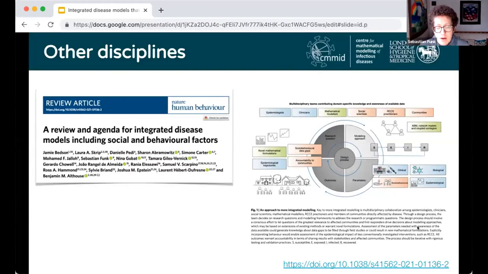I thought it was a very nice, broad perspective on this idea of modelers engaging not just with clinicians and broader epidemiologists, but also with social scientists, to better understand how behavioral or social parameters could be integrated in models and have some kind of feedback loop. I think that still remains the ideal way of doing it, if one wants to do this properly, even if it's really not done commonly in practice, at least as far as I'm aware.